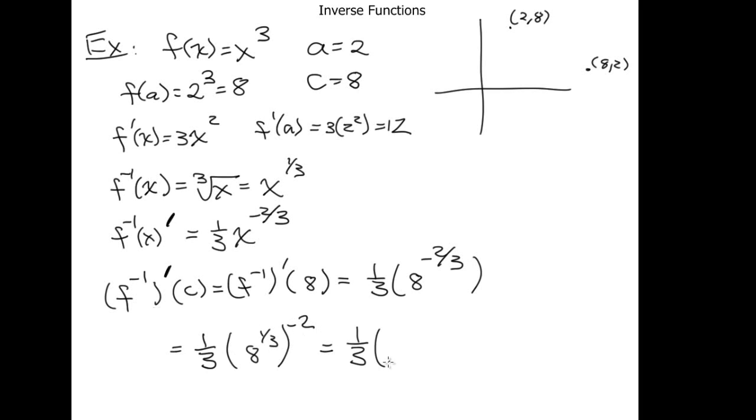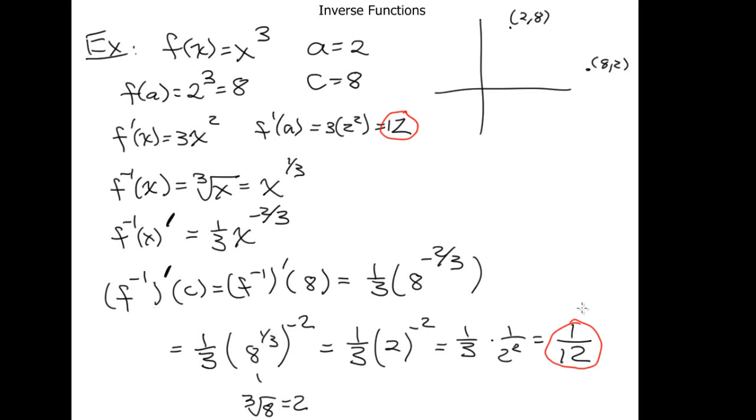And 8 to the 1/3 is the cube root of 8, which is 2. So this is 1/3 times 2 to the minus 2, which is 1 over 2 squared. And indeed, you get 1/12. So that confirms this formula. Notice that I plugged in a is 2, and c is equal to 8. And I found that the derivatives are reciprocals.